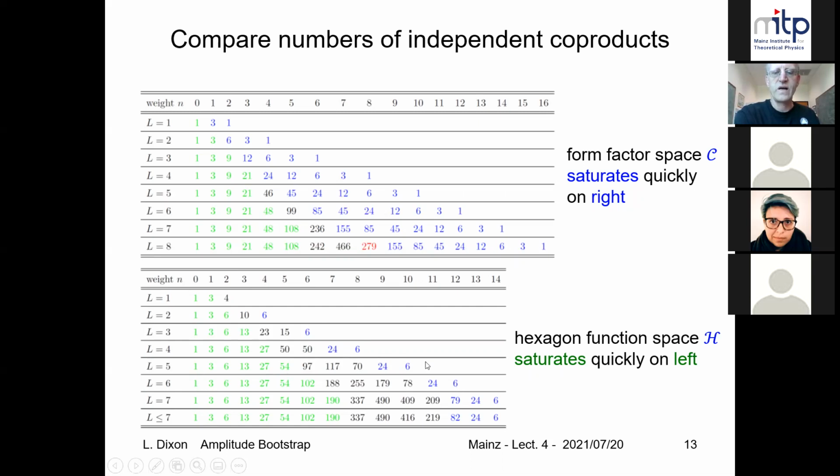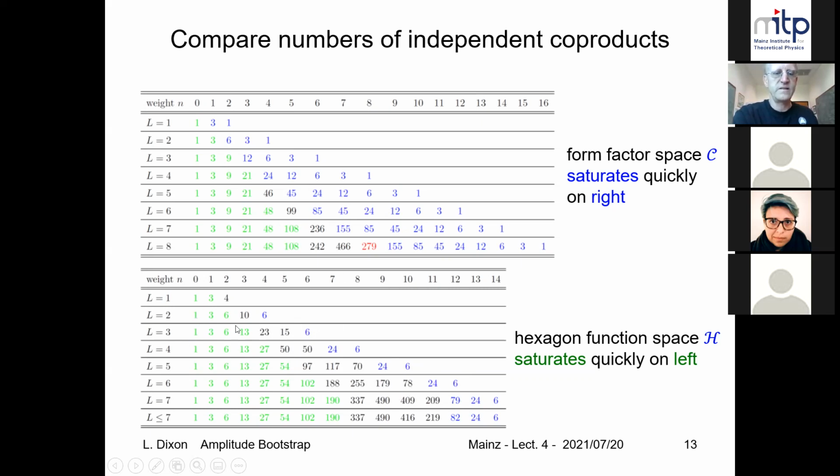And over on the right, we declare saturation if the number was the same as it was 1 up and 2 over, because that corresponds to a saturation of multi-final entries. In fact, we get very little saturation here. These numbers only stabilize at the double final entries at 7 loops. So it takes a long time compared to what happened up here.